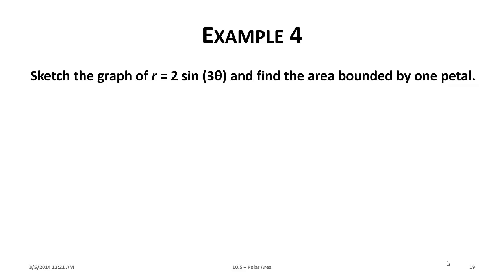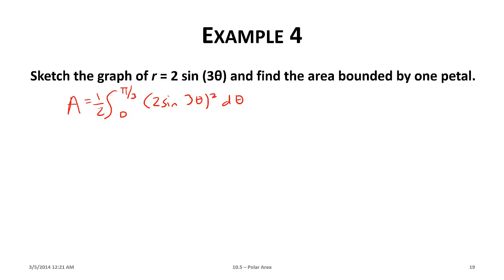So from here, we're going to go ahead and get the equation. Area equals 1/2, the lower bound is 0, the upper bound we discussed was pi over 3, of (2 sine 3 theta) squared d theta.